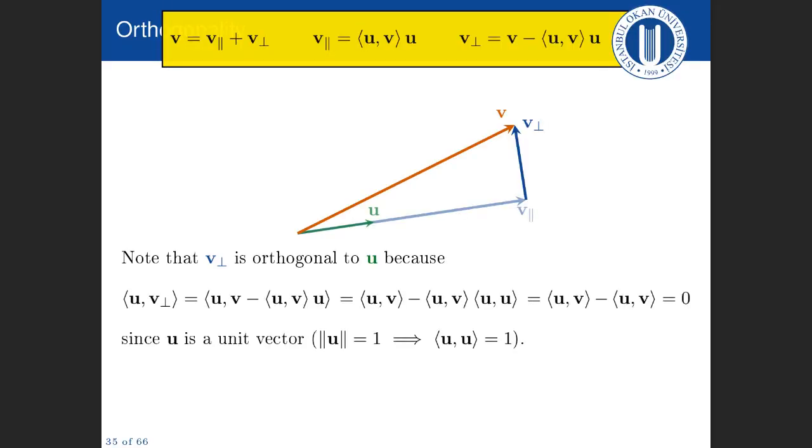So that's just the inner product of u and v minus the inner product of u and v, which is the number 0. This proves that v perpendicular is orthogonal to u. And because v parallel is parallel to u, this also proves that v parallel and v perpendicular are orthogonal.